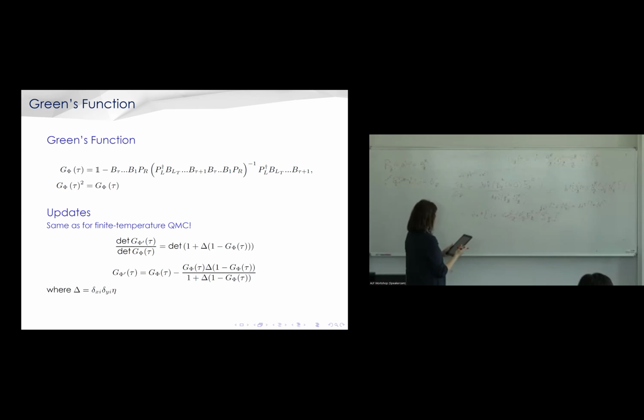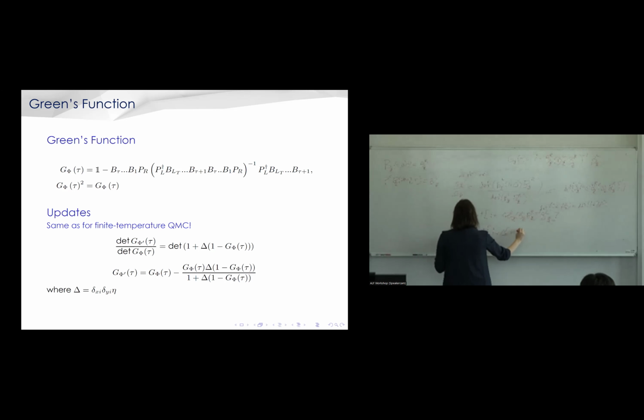And then we can remind ourselves of the definition up here of what the Green's function is. So we end up simply getting the same expression as for the finite temperature, where we have 1 plus delta times 1 minus G of the original phi configuration.